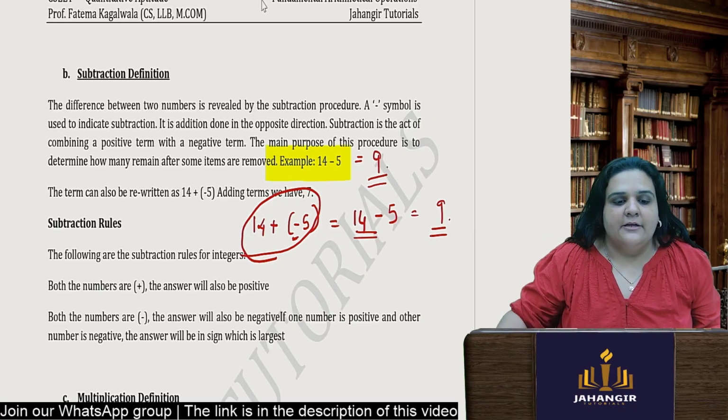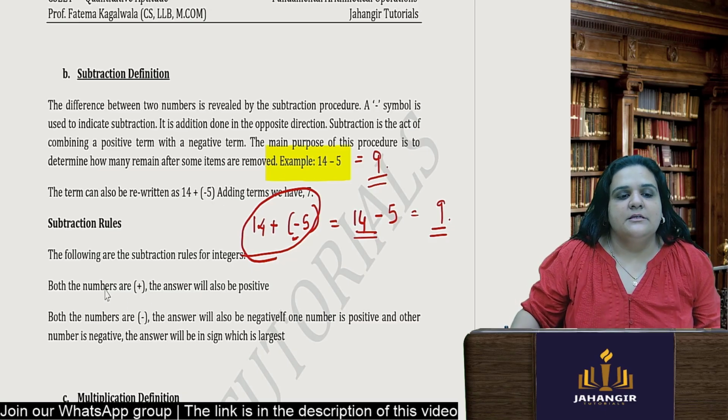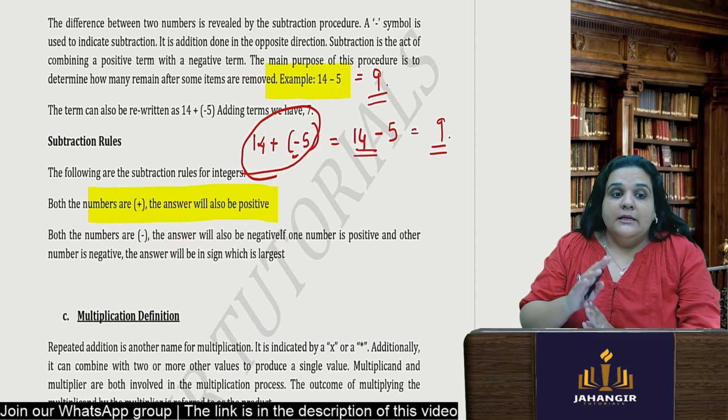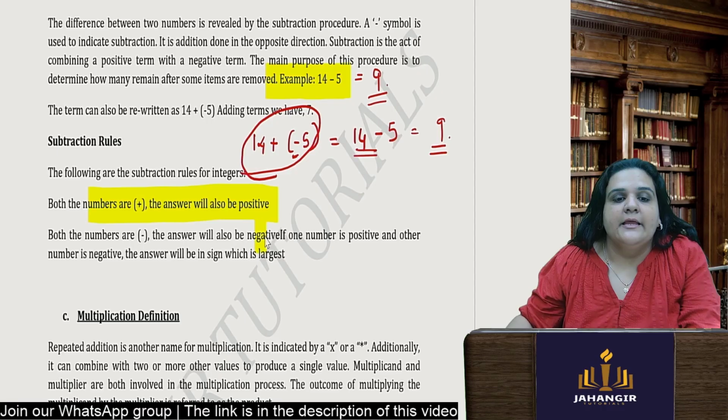So for subtraction, what are the rules? If both the numbers are positive, the answer will also be positive. If both the numbers are negative, the answer will also be negative.